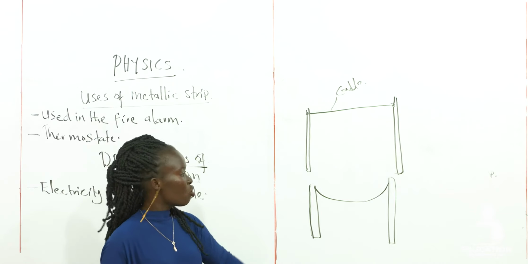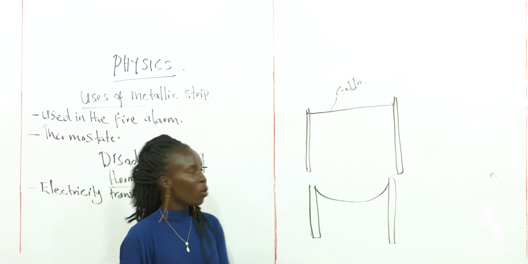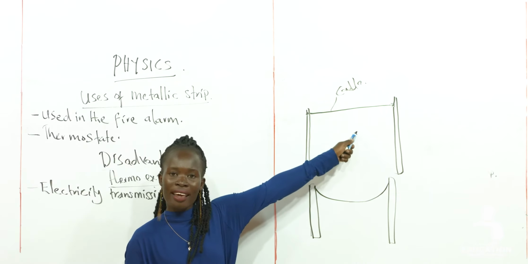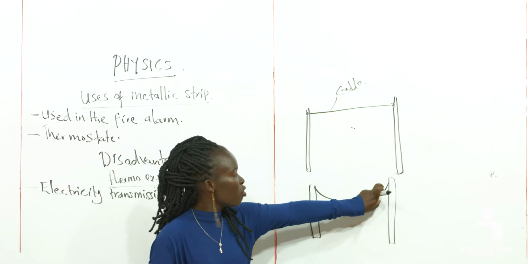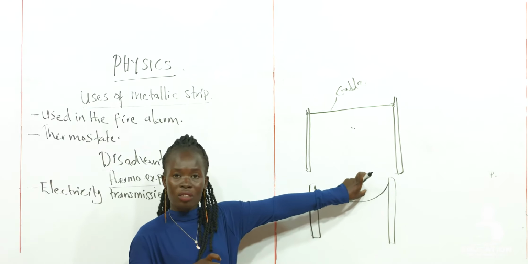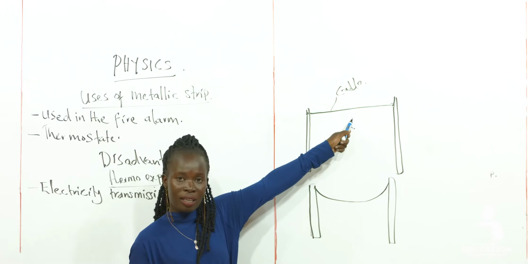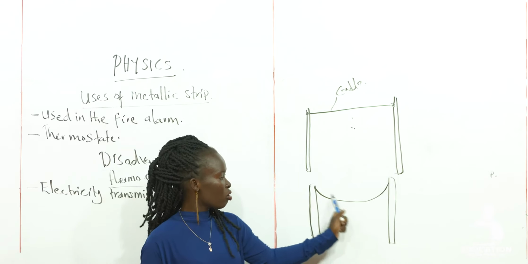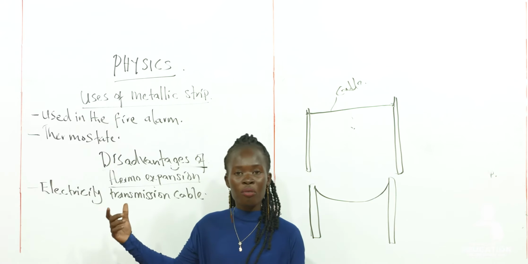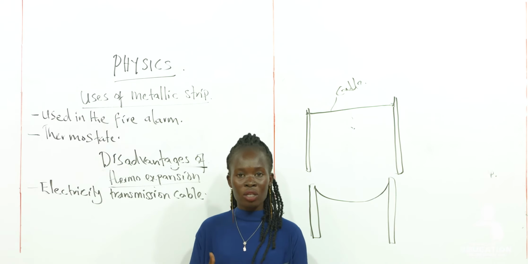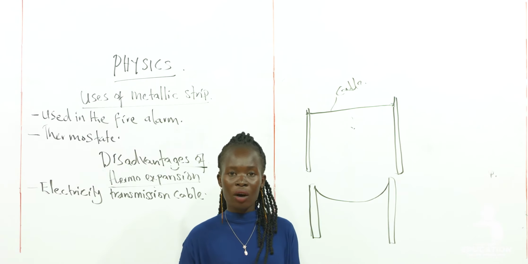So that's why, during hot days, instead of seeing it really sagging like this, you see it almost straight, because there is enough room for it to expand, so it will not break, which is not the same case with a tight one. The reason for making it very loose is to give room for the contraction and expansion of this cable during cold and hot days.